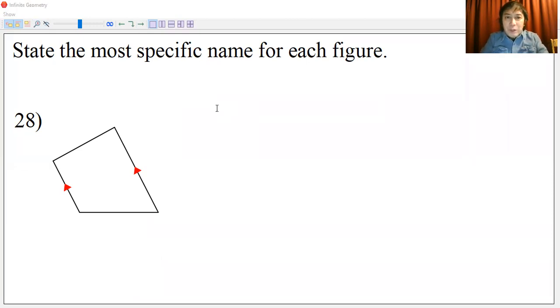So this will be just trapezoid. That's our answer. How about the computer's answer? It's just trapezoid. If you have the other pair congruent, then that's isosceles trapezoid. All right. So we continue with number 29.